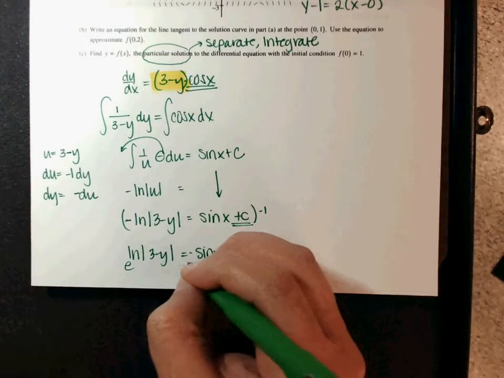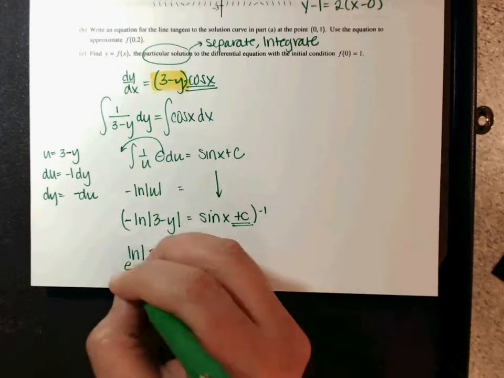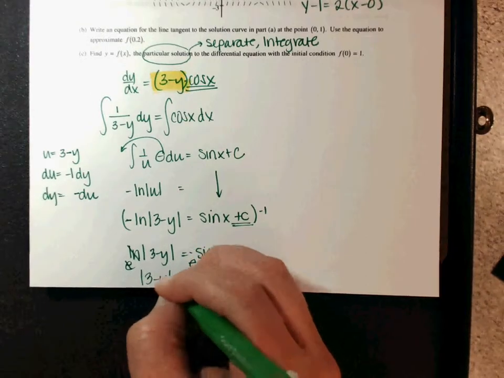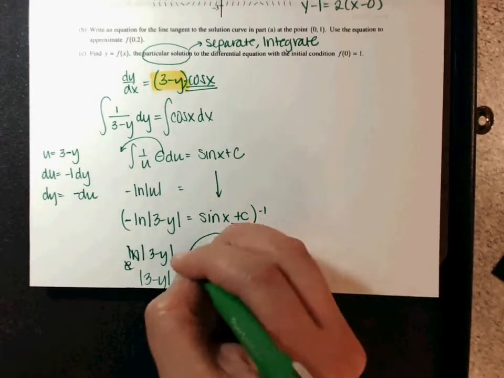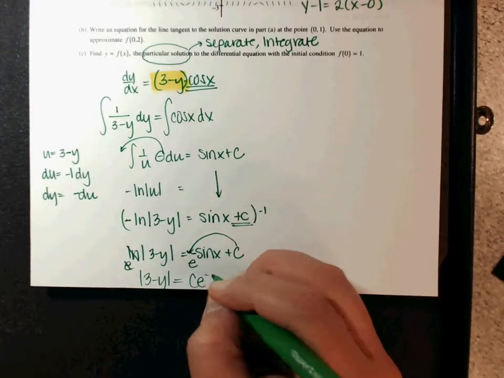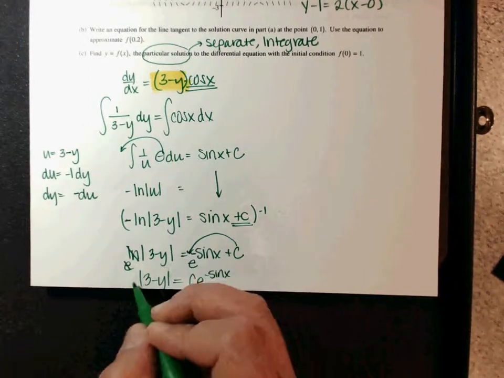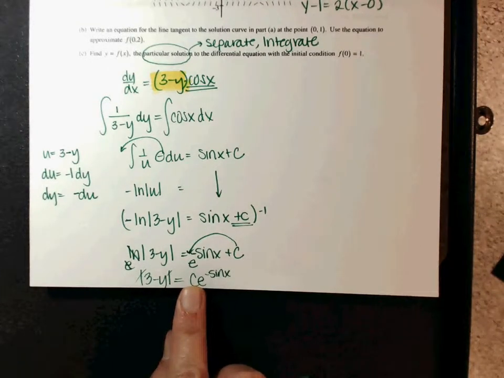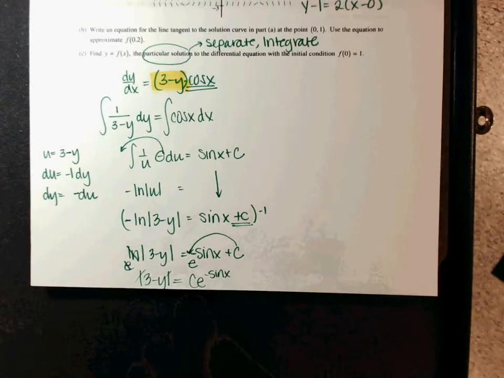Then I'm going to e both sides. e and ln are going to cross out. 3 minus y is going to come down. And then remember that when I drop my c here to the front, that allows me to drop these absolute value bars. So when that c comes down, since I don't know what it is, it's the same as putting a plus or minus on that side.